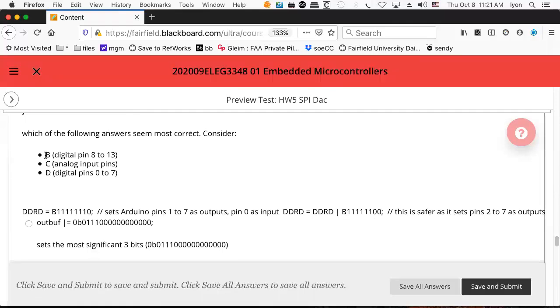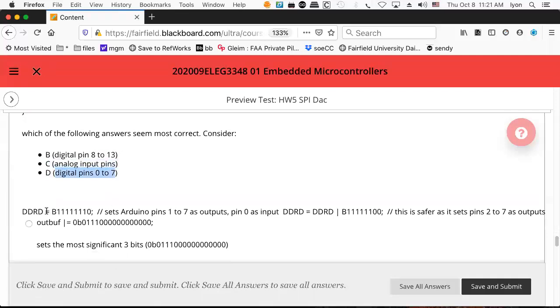Consider. Okay, so here comes the port mapping question that we were just looking at. So if you were looking at port mapping for pins B, C, and D, you would see B goes from pins 8 through 13 on the Uno. Port C is your analog input pins, and port D is pins 0 through 7.